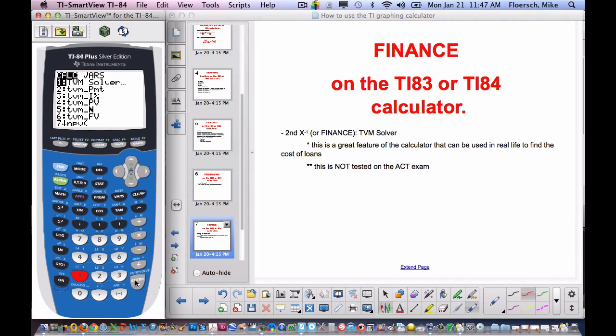There's your TVM solver. I hit enter. N is the number of months. Let's say I have a 5-year loan, so 60 months. Interest rate is 1.9%. My principal value, I am getting a loan for $15,000 on my car.